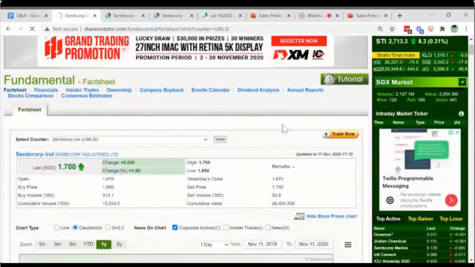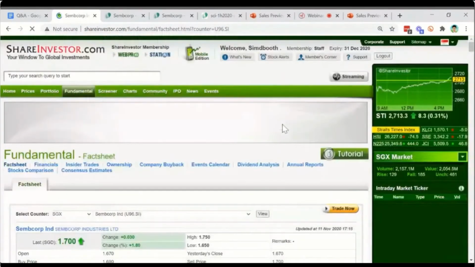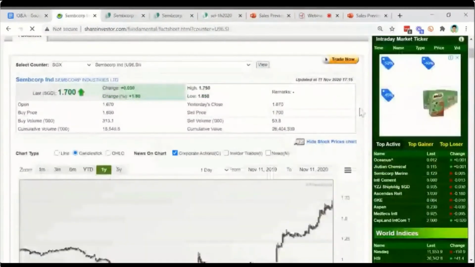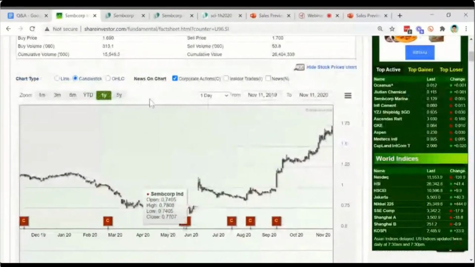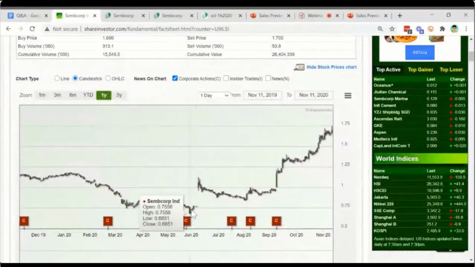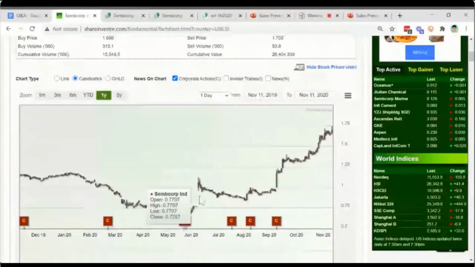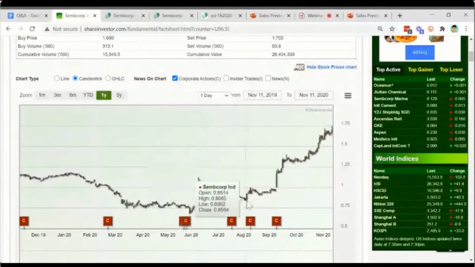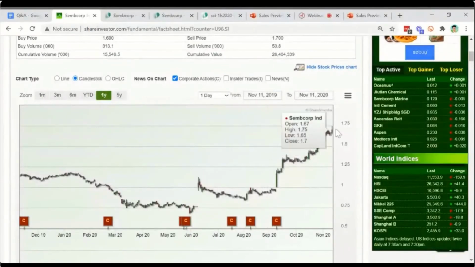Then when you click view, from here I can straight away see the 1 year share price chart.